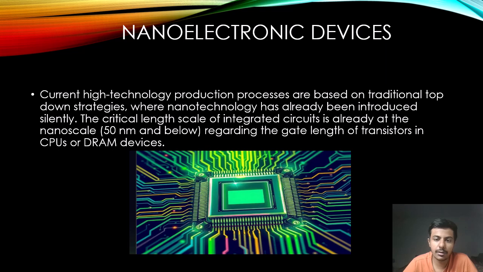High technology production processes are based on traditional top-down strategies, where nanotechnology has already been introduced quite early, due to the critical length scale of IC circuits already being at nanoscale, 50 nanometers and below, regarding the gate length of transistors in CPUs or DRAM devices.